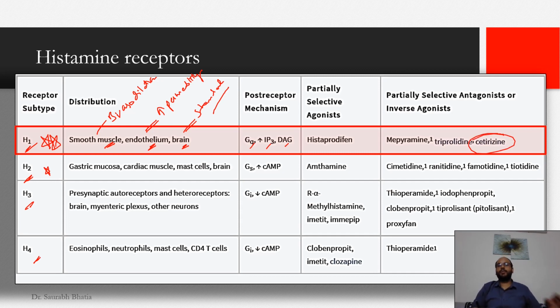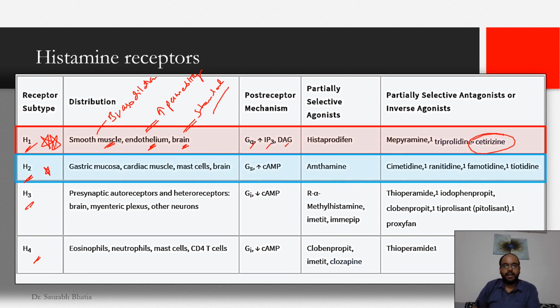So the most important class that we'll deal with as antihistamines are concerned are H1 antihistamines, followed by H2 antihistamine, but predominantly H2 receptors are there in the gastric mucosa and cardiac muscle, also brain. Now remember that there is certain overlap of actions. If we use an H1 antihistamine, there is a little bit of action on the H2 receptor also, but the major action is always on H1.